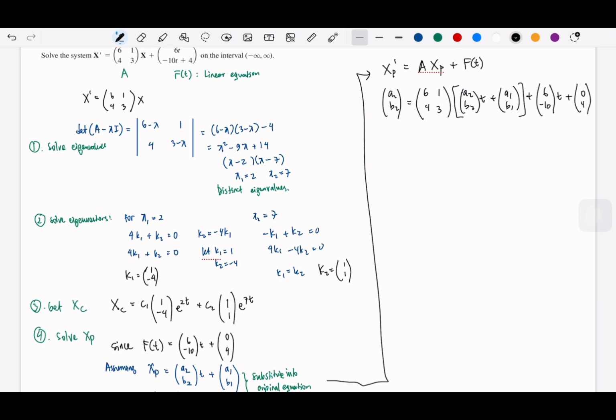Okay, now we have this system, and then solve it, make it into a system of linear equations, and we are going to have four variables that we need to solve.